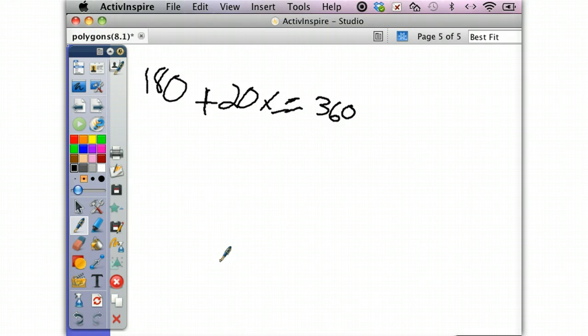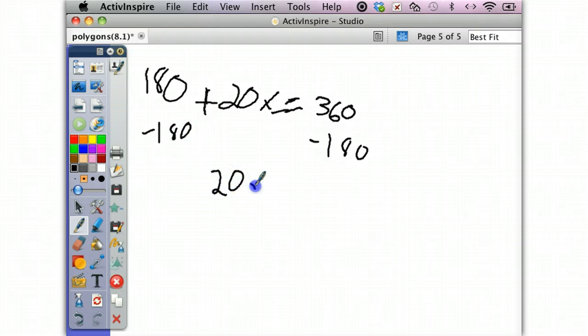Next step, what do we do next, Alex? Jessica said it. Subtract 180 from both sides. Okay, so we have 20x equals 180.